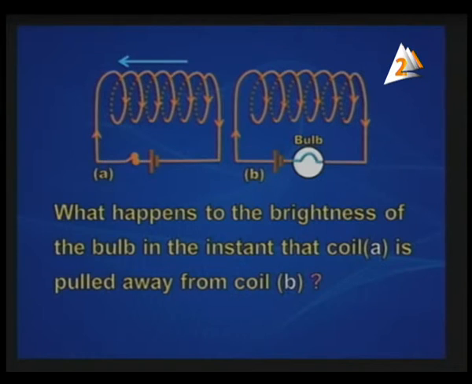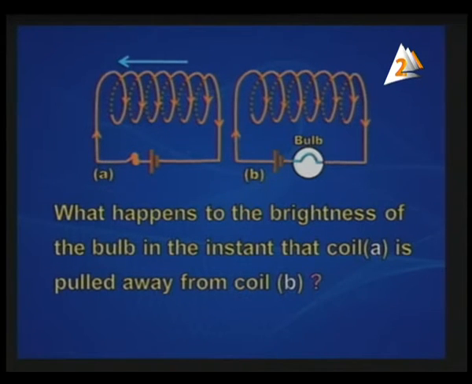It asks about what happens to the brightness of the bulb in the instant coil A is pulled away from coil B. Will it increase, decrease, or remain unchanged?